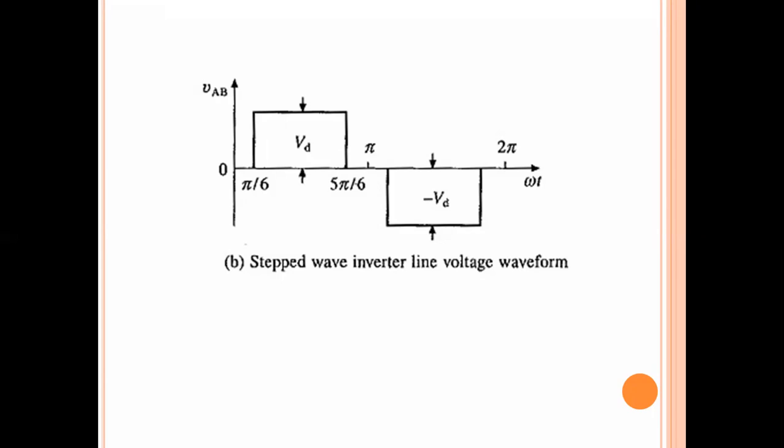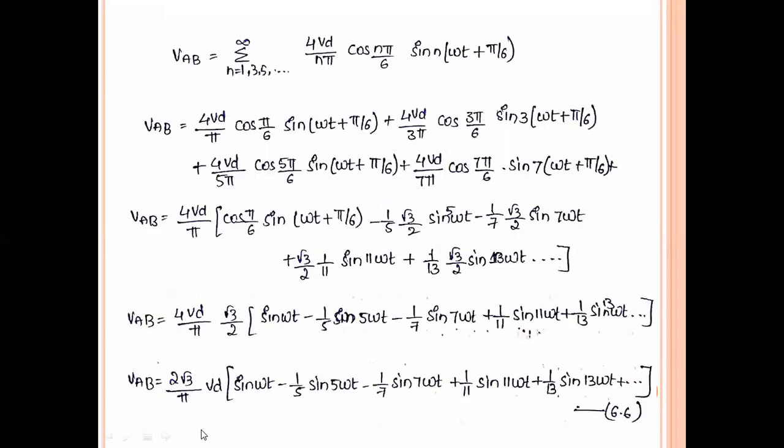The second drawback is that the motor develops pulsating torques due to these low order harmonics. You can see in this equation, sine omega t shows the fundamental waveform, but sine 5 omega t shows the fifth harmonic, sine 7 omega t the seventh harmonic, and sine 11 omega t and sine 13 omega t the 11th and 13th harmonics.